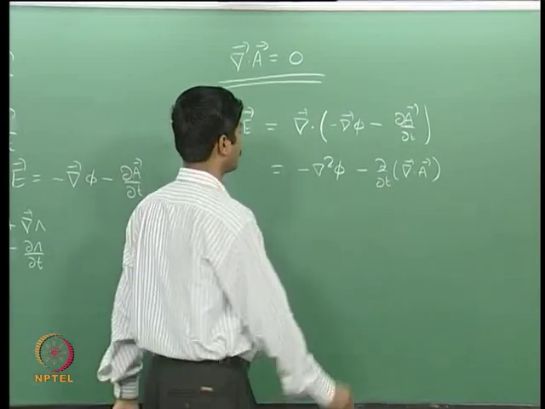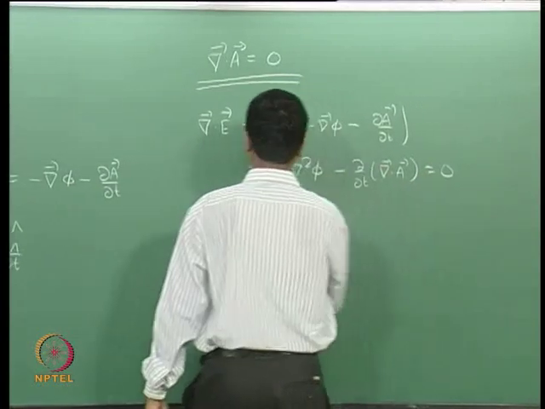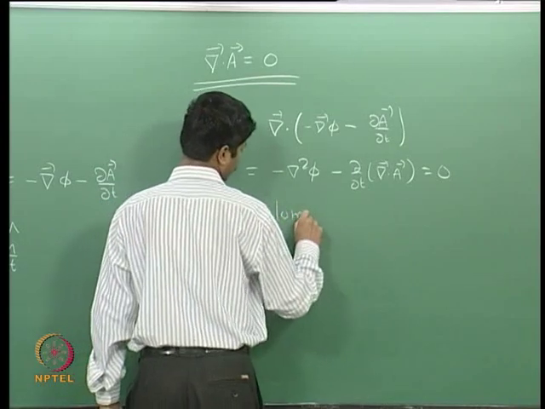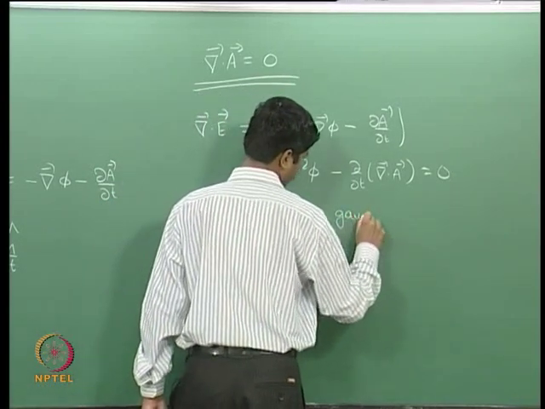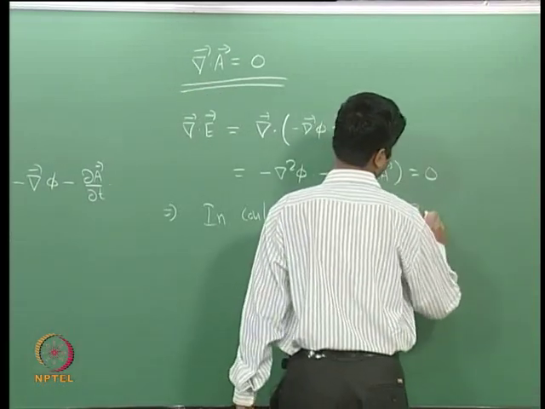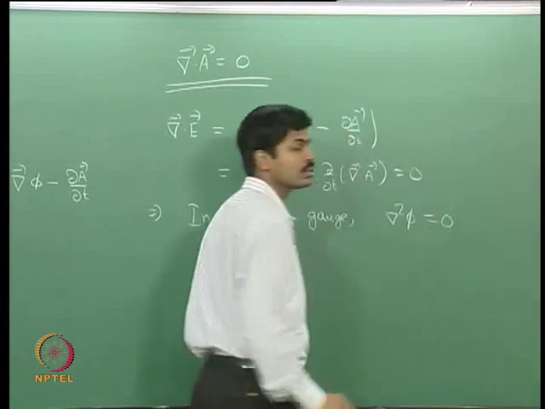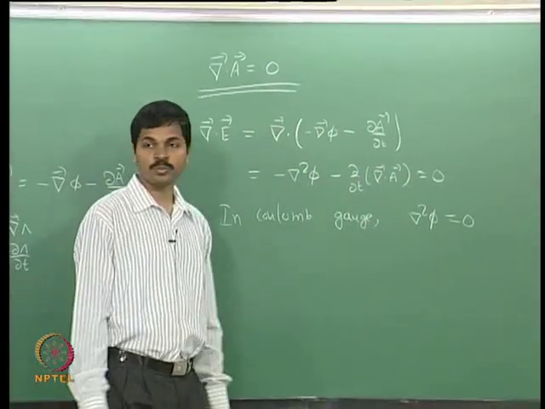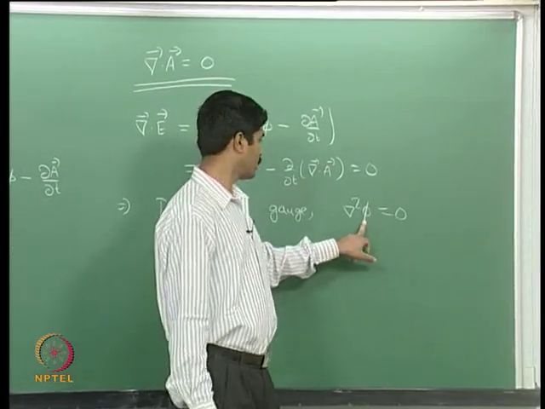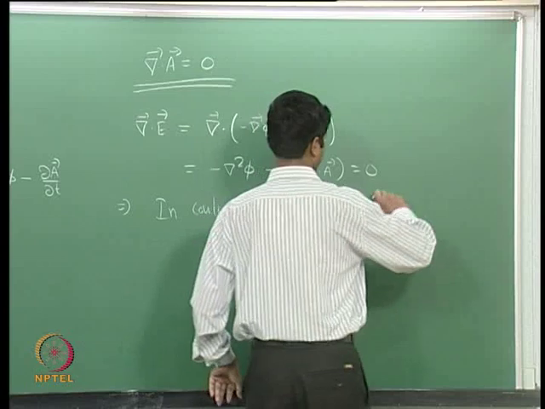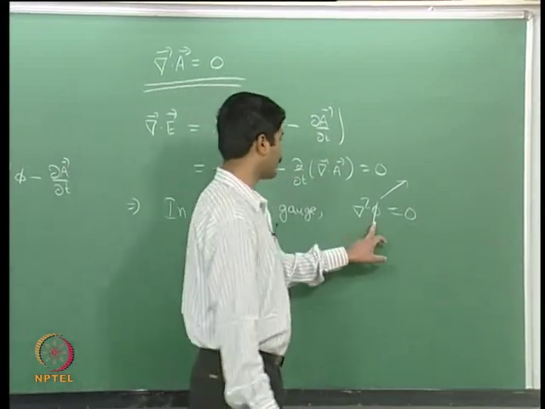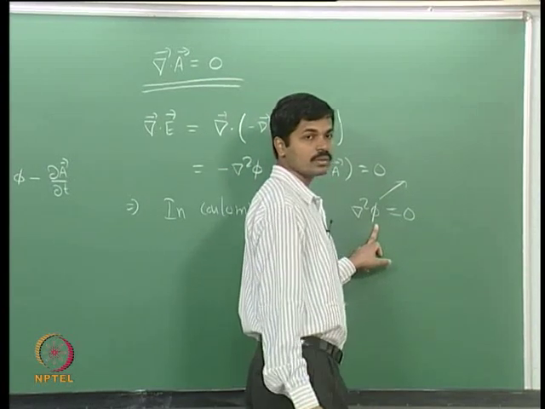Therefore, this equal to 0 implies in the Coulomb gauge del square phi equal to 0. If in addition you impose the boundary condition that this scalar potential vanishes at infinity, then it amounts to saying that this vanishes throughout. Okay.